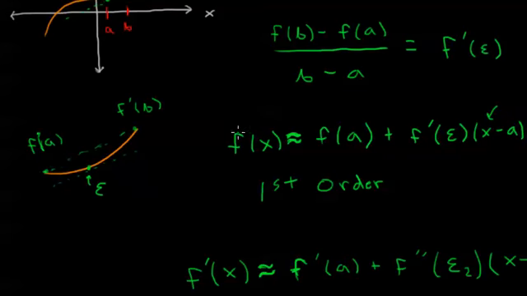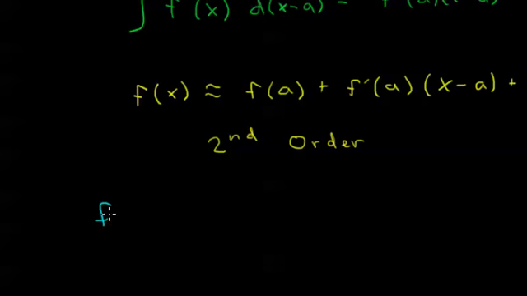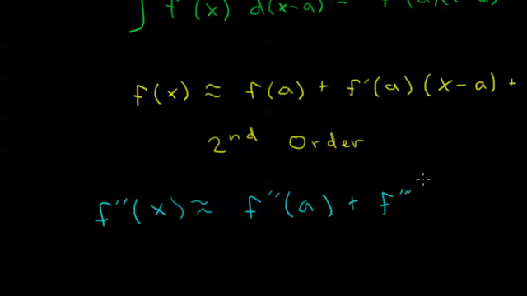I'll change to blue. So we'll get f double prime of x is approximately equal to f double prime of a plus f triple prime, there are 3 primes here, of epsilon 3.